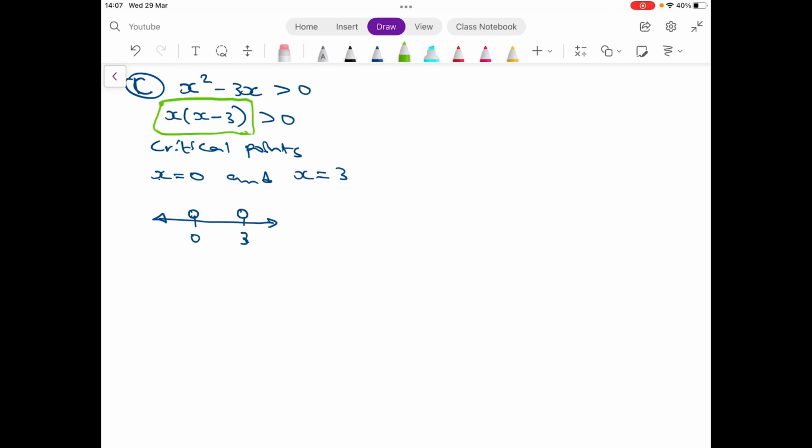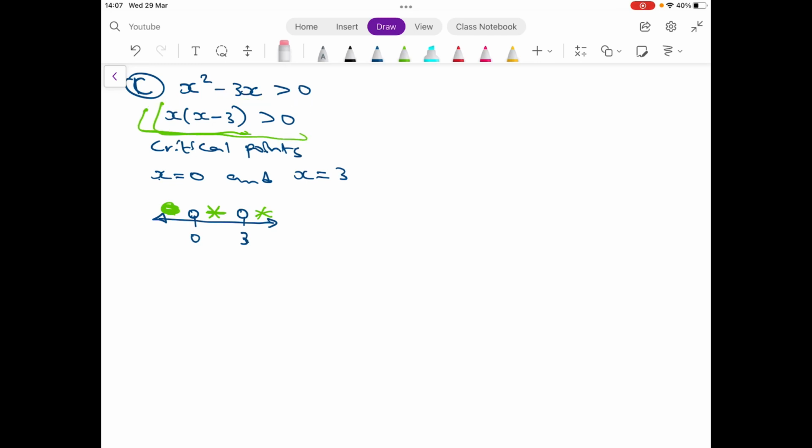At this point all you need to do is test each part of the inequality. Substitute an x value which is less than 0, which is this side, then substitute 1, which is between 0 and 3, and then substitute an x value to the right of 3, that means greater than 3, this side. We check what the signs of the answers will be, so that we can evaluate the range of x whereby this inequality is true.